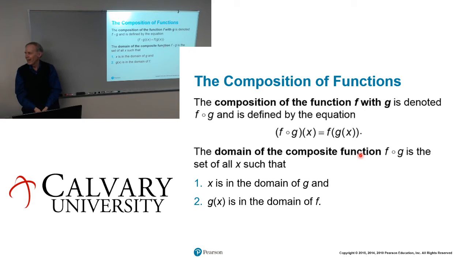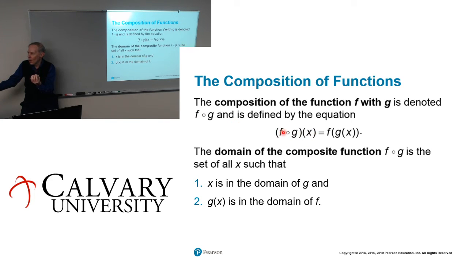Composition is something that actually occurs quite a lot, but it's not recognized. It's really a function within another function is what it really means. And I'll have you work a problem here in just a minute to make sure you can understand it. So the composition of a function f with g is denoted by f and then this little circle right here, f composition of g.